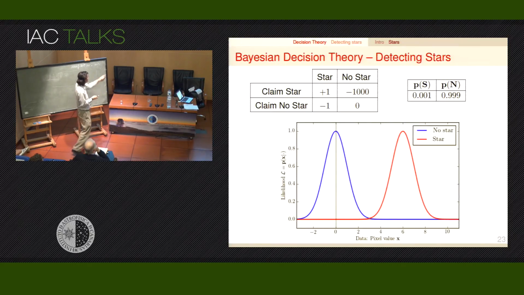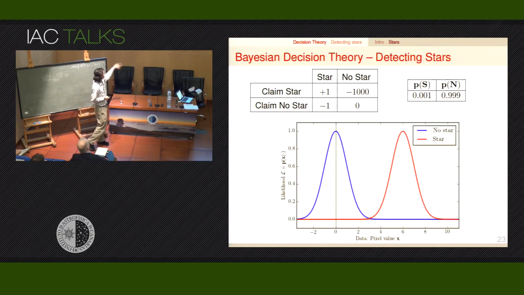I assumed here that all stars are brightness 6, and the noise in the images is Gaussian with standard deviation of 1. So if there's no star, you have this blue distribution of pixel values that you're likely to see. And if there is a star, there's this distribution around 6.